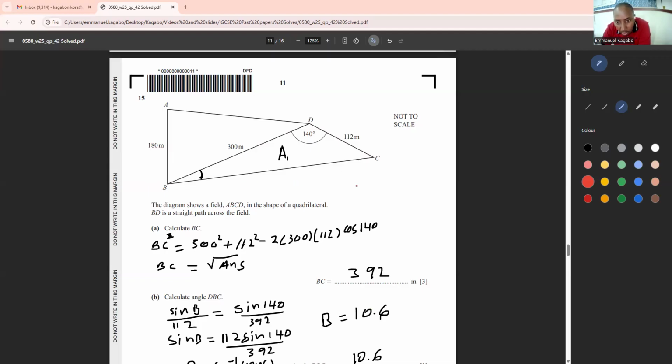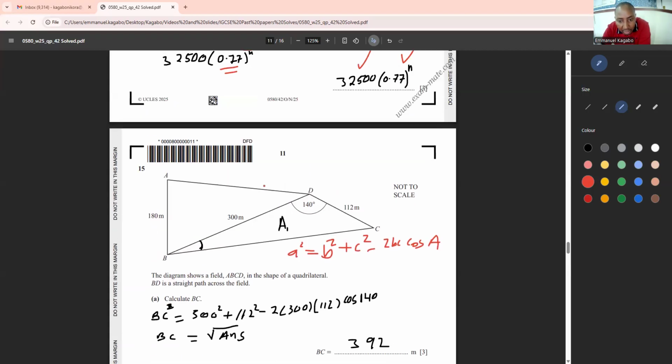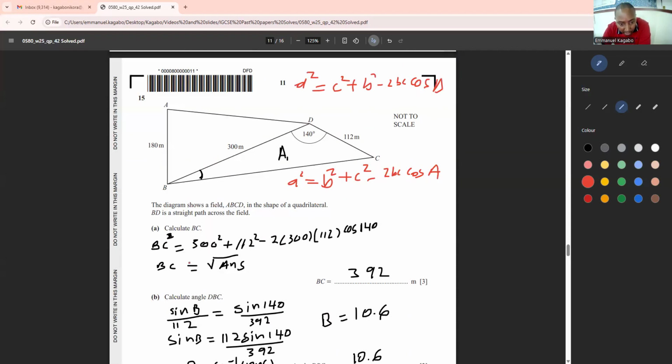That's the cosine rule, and the cosine rule is a squared equals b squared plus c squared minus 2bc cos A. So if I'm looking for BC, therefore d squared is equal to, you see that, c squared plus b squared minus 2 times BC cos angle D. When you apply your formula and work this out, you find the square root of that. So the answer is going to be that.